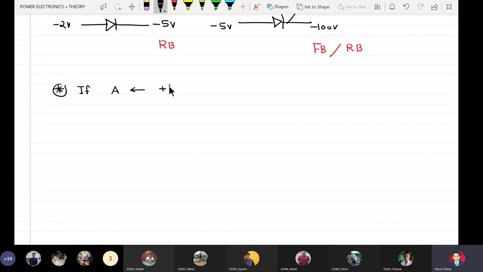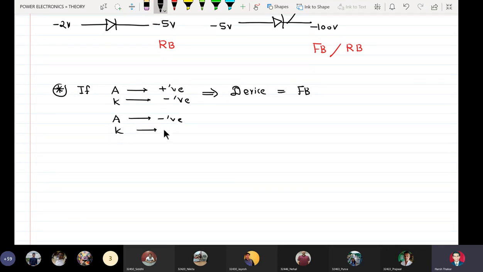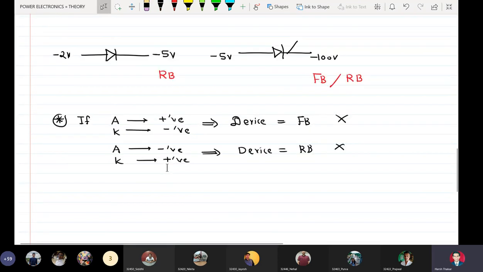If A is connected to positive and K is connected to negative, then the device is FB. And if A is connected to negative and K is connected to positive, then the device is reverse biased. Both of them need not be correct.